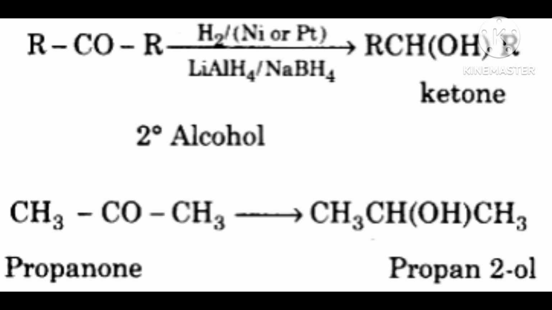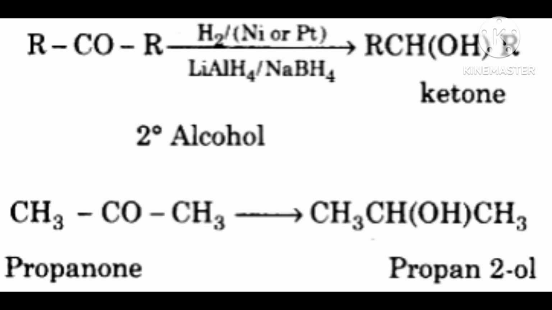But if H will go and R will come, R or R dash, maybe alkyl group same or different, then it will form RCOOR. RCOOH is acid, but RCOOR, R may be same or different, that will be ester. Okay, hence by reduction of carboxylic acid and ester, alcohol can be formed.